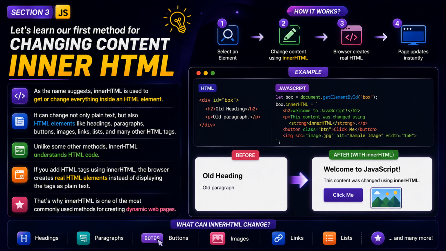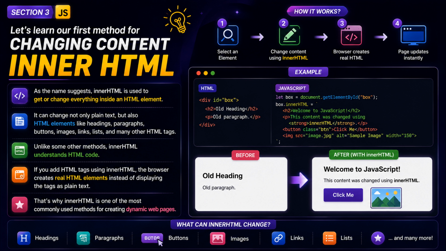Section 3. Now let's learn our first method for changing content. innerHTML. As the name suggests, innerHTML is used to get or change everything inside an HTML element. It can change not only plain text, but also HTML elements like headings, paragraphs, buttons, images, links, lists, and many other HTML tags.